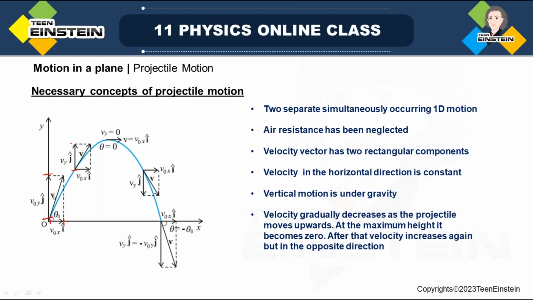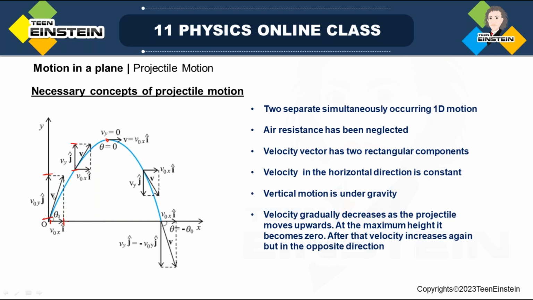This is the magnitude of the vertical component, and here the magnitude of the vertical component is 0. That means velocity gradually decreases as the projectile moves upwards, and at the maximum height the particle has zero vertical velocity.